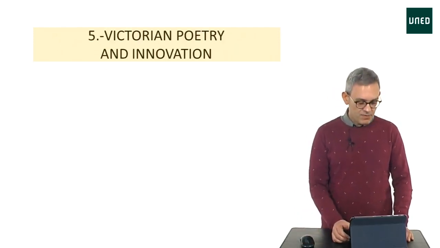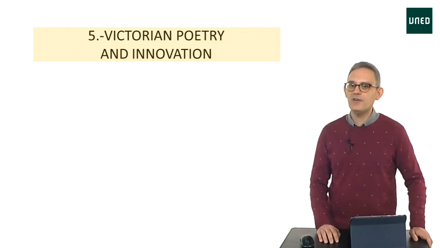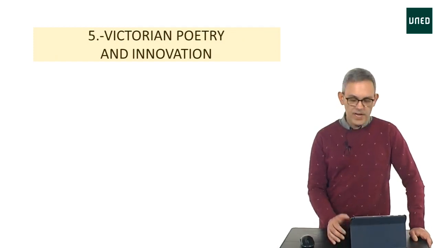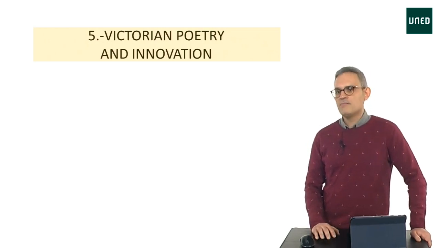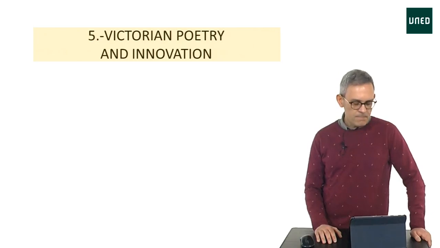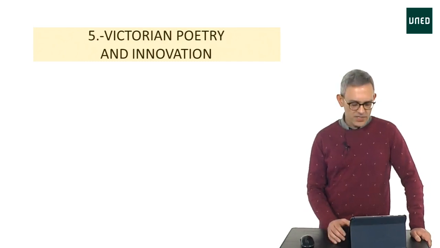The last section, before we come to our conclusion, is Victorian poetry and innovation. I began by commenting on connections between Romantic and Victorian poetry, mainly continuities, some discontinuities as well. An important innovation has to do with language, with poetic language.